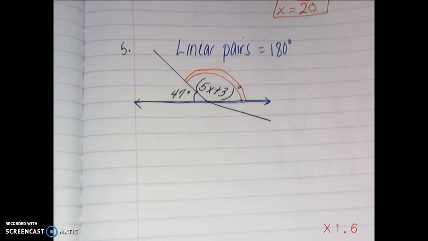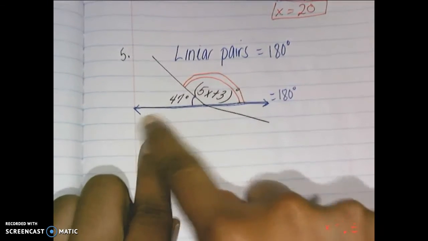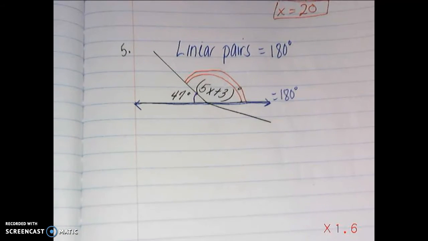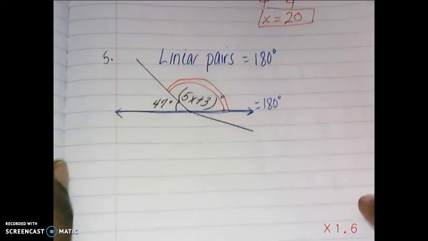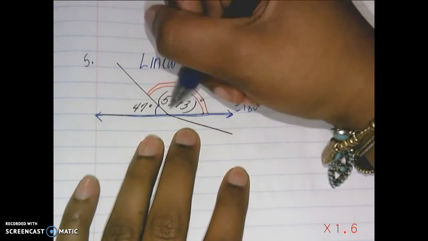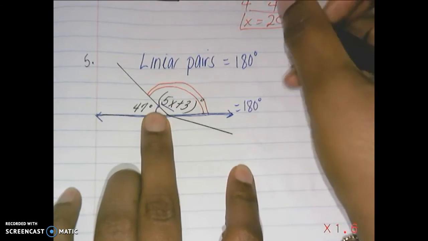So what we want to do is set up an equation, because no matter what, if we've got a straight line, it has to equal 180. I'm going to combine like terms while I set up my equation. I have a 5x right here but no other x's in my linear pair.